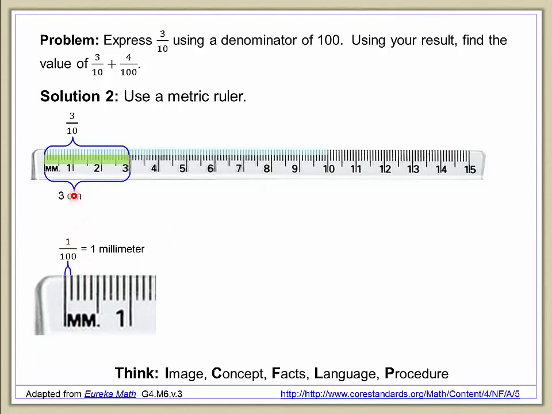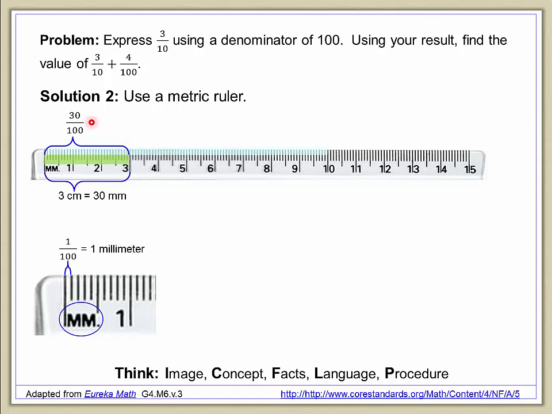So 3 centimeters is 30 millimeters, right? These are millimeters, hundredths are millimeters, so 3 tenths is the same as 30 hundredths. And that's the way we express 3/10 using the denominator of 100.